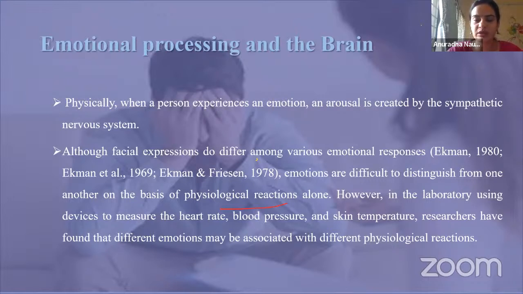If I'm not scared of dogs, I'll not be able to distinguish my emotions based on my physical reactions. I cannot say that, okay, my heart rate is increasing, so I must be afraid. Or, okay, my heart rate is increasing, maybe I'm excited to meet the dog. I cannot say that. Emotions cannot be distinguished based on the physiological reactions alone. Based on my bodily reactions, I cannot tell which emotions I am feeling.